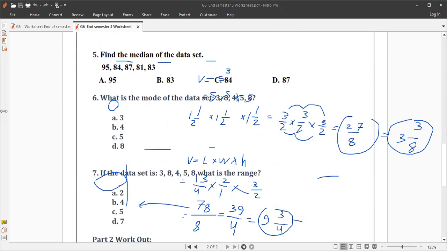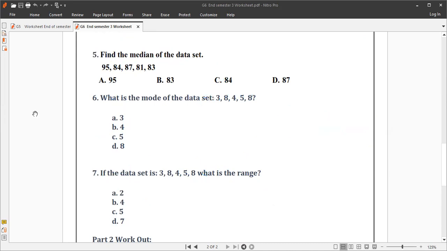Now this easy lesson, which is 8.2. Now number 5, find the median. Always, guys, when you hear the word median, order the data from least to greatest. If you order the data, it becomes from least to greatest, 81. Then 83. Then 84.